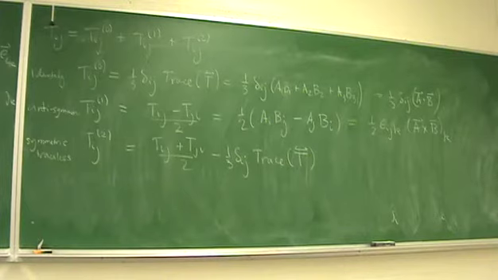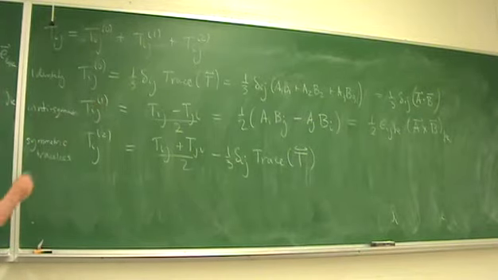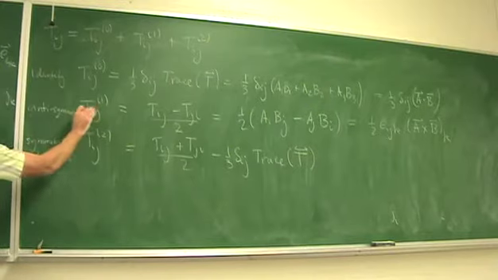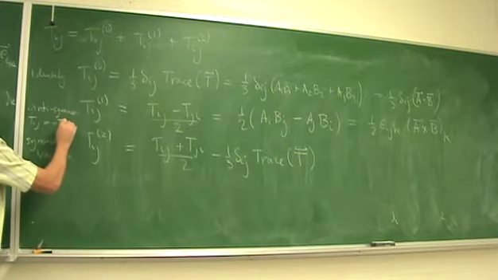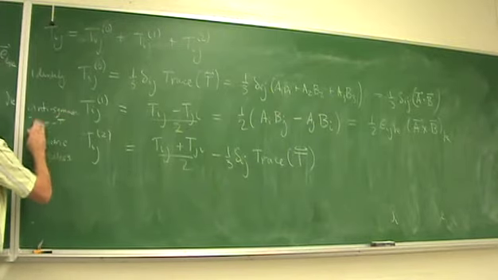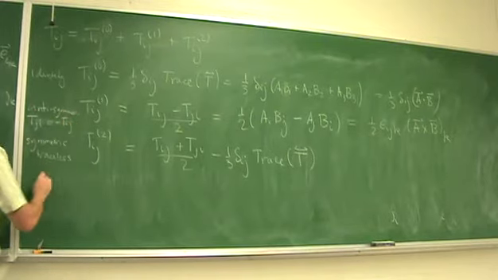By the way, you know what I mean by antisymmetric? It means that if I reverse its indices, I get minus the matrix back: Tji is minus Tij.